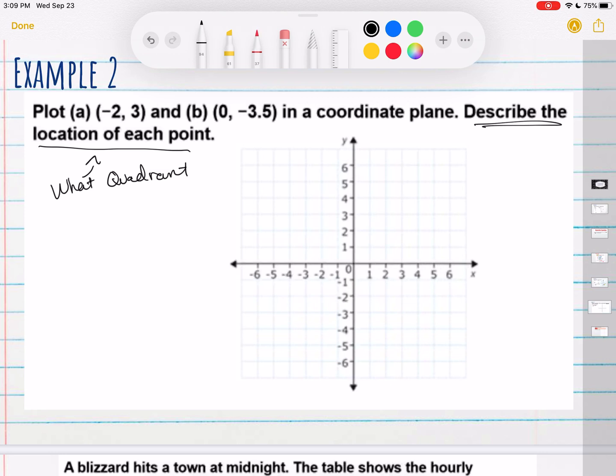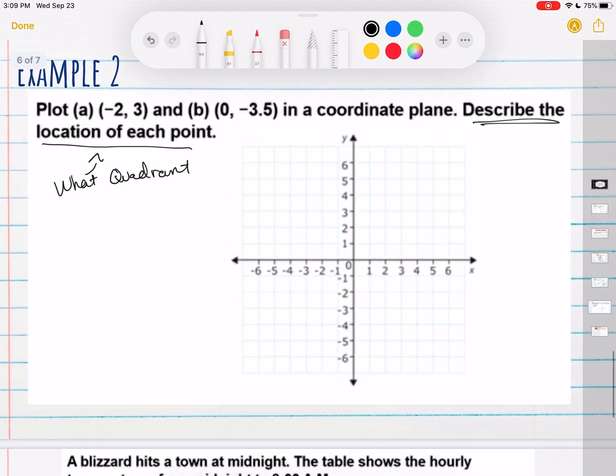So let's start with plotting A. Remember, our first one is our x, our second is our y. So we're going to go to -2 on the x, which is, let's see, right here. And then we're going to go +3 up on y. So 1, 2, 3 gets us right here. And I'm going to label it with an A. Now, what quadrant is it in?